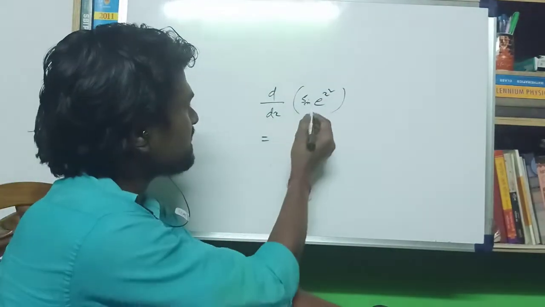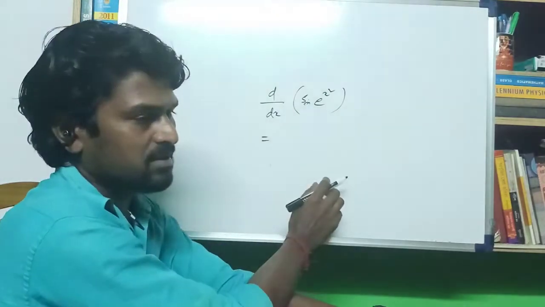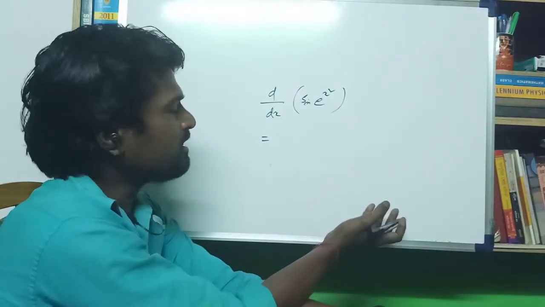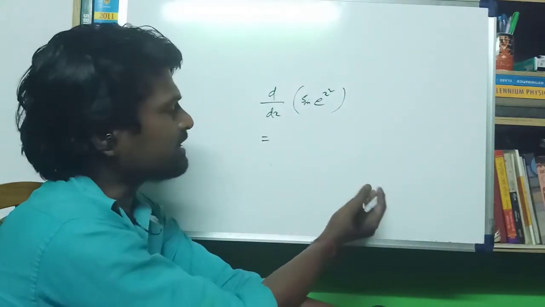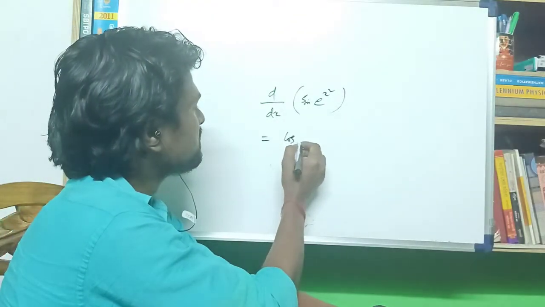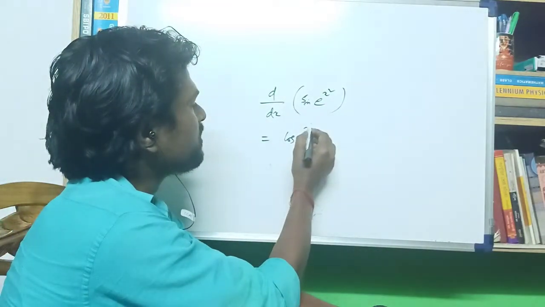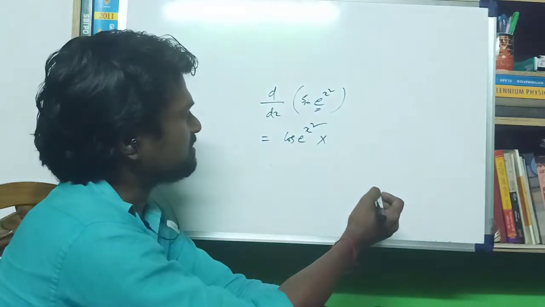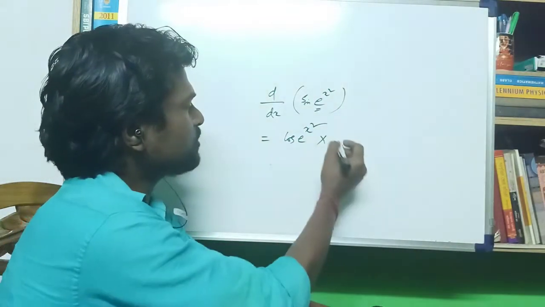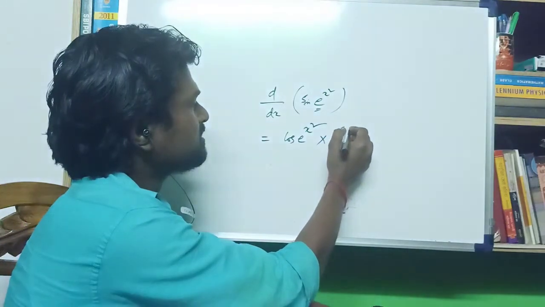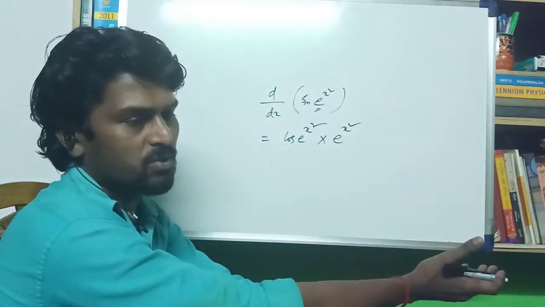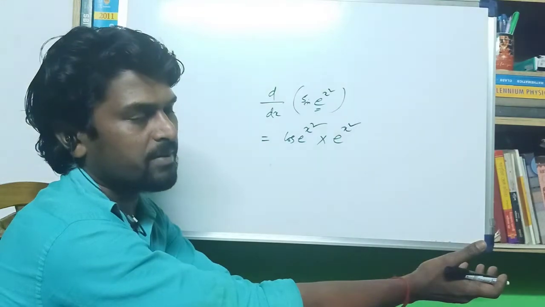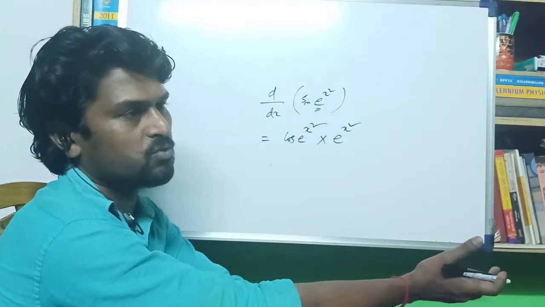So the rule: sine means it is trigonometric. So d/dx of sine x means cos x. So you have to write cos e to the power of x square. Then take the derivative of the exponential function, e to the power x square. Exponential function means you have to write down just e to the power x square.